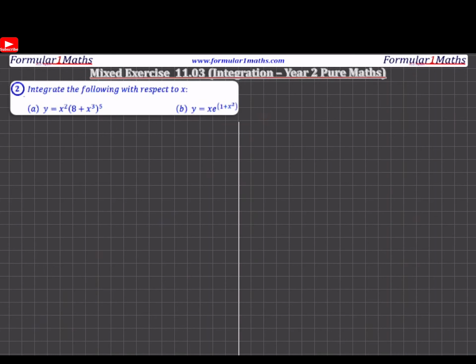So for A, I have y is equal to x squared, brackets 8 plus x cubed, to the power 5.